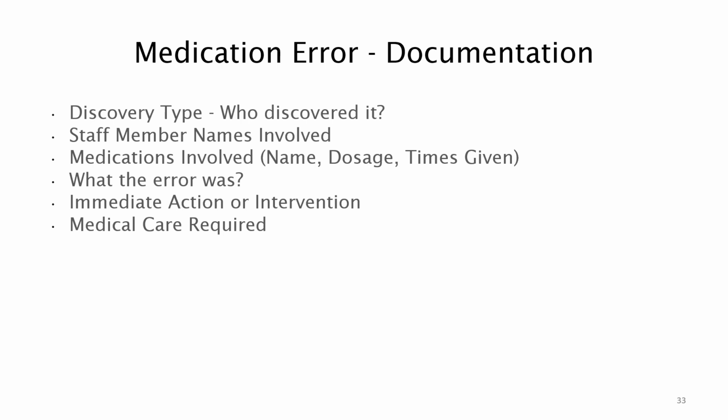Immediate action and intervention, what happened next? What did you do? Did you call the doctor? Did you talk to the supervisor? And then what happened after that? Did they have to go to the hospital? Did they have any medical care required? And then how did they fix it? How did your facility fix it for the next time?